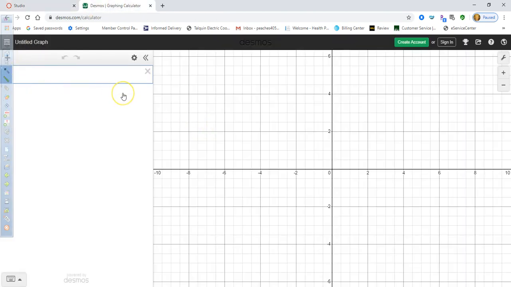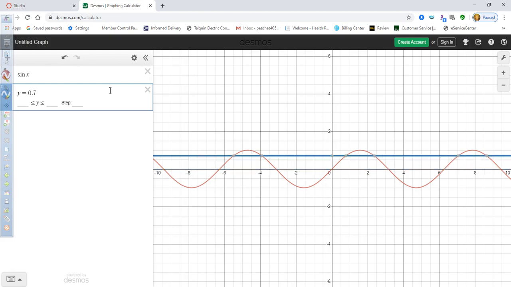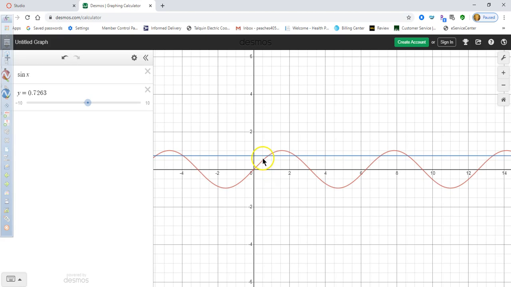Alright, so here y1 for number 1 is sine of x, and y2 I want it to be equal to 0.7263. So what I did on this is I looked for everywhere there was an intersection.